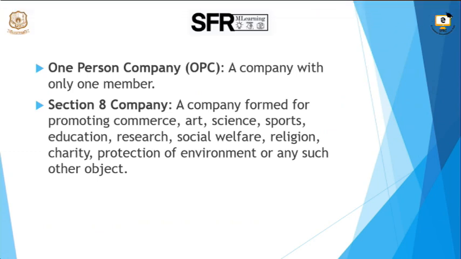There are also two other companies in this Companies Act: the one-person company, a company with only one member, and the Section 8 company, a company formed for promoting commerce, art, science, sports, education, research, social welfare, religion, charity, protection of environment or any other such objects.